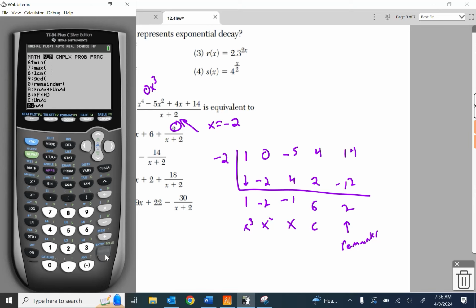But I can type in the original function. I did this before in a previous problem on this particular sheet. So here is the original function. Anyways, there we go. Original function. Zoom 6, see what she looks like.